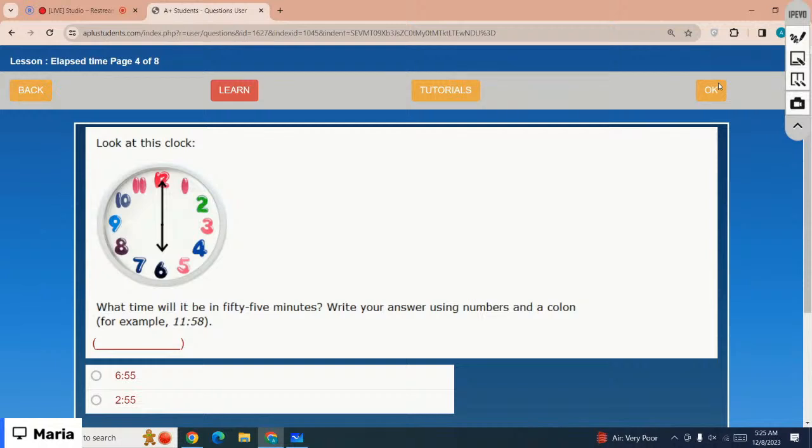Look at this clock. What time will it be in 55 minutes? Write your answer using numbers and a colon. So, which is the correct option?